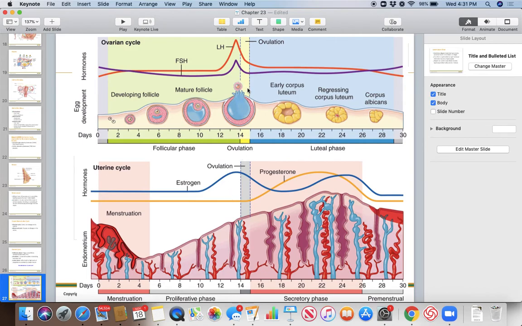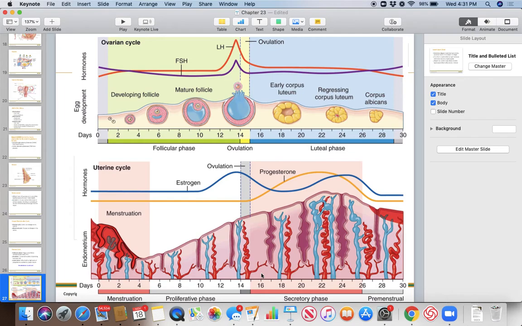So after ovulation, the fimbriae of the fallopian tube sweep across the top of the ovary to catch the emerging oocyte. The remnants of the follicle remain on the ovary and form the corpus luteum, which marks the beginning of the luteal phase. The corpus luteum secretes large amounts of progesterone, so we can see progesterone rising here, and small amounts of estrogen.